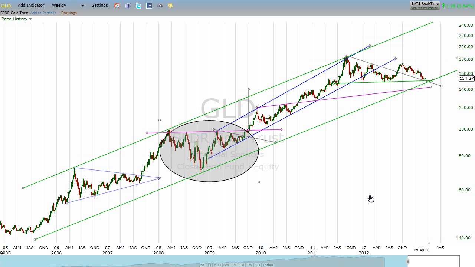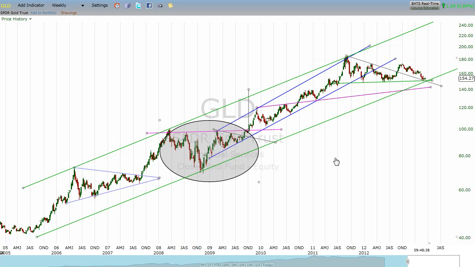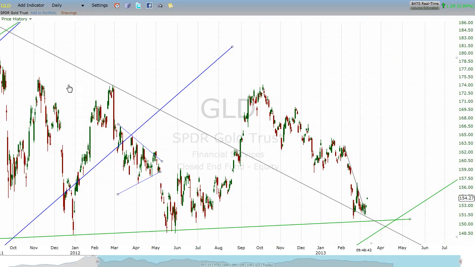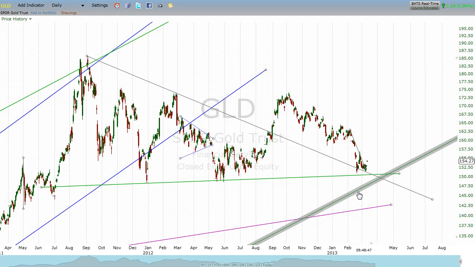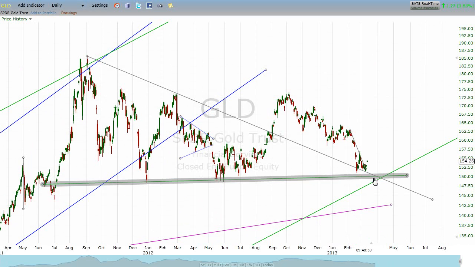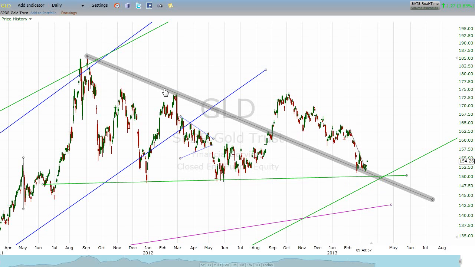But what I'm trying to say is, it looks to me that gold is likely to find support right around here somewhere. And if we look at a daily chart, and again, here's our line that runs up, then we have this horizontal line right here, but most interestingly to me is this gray line.